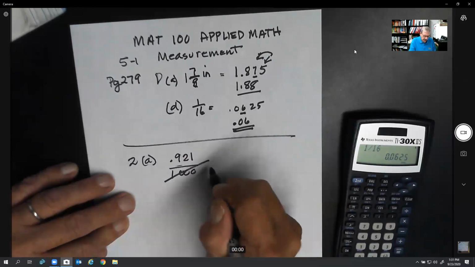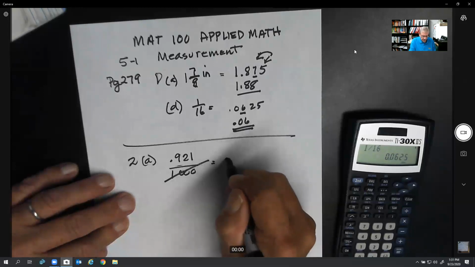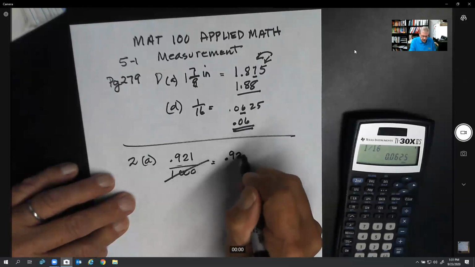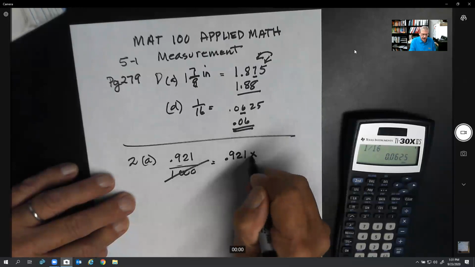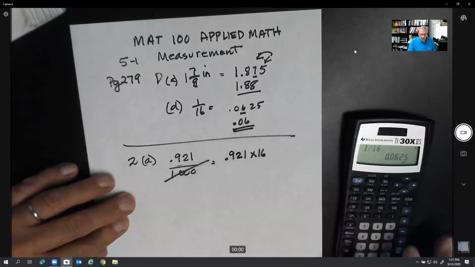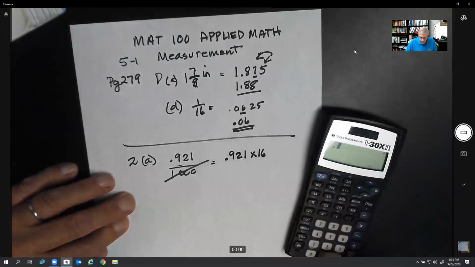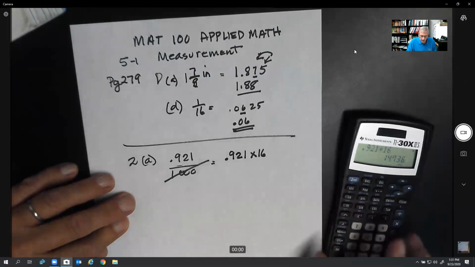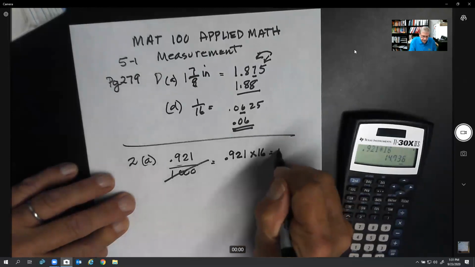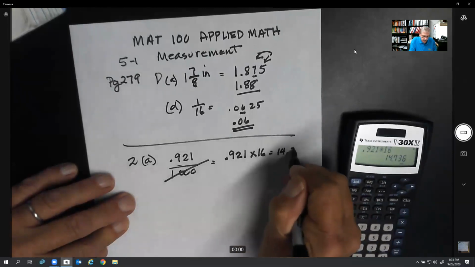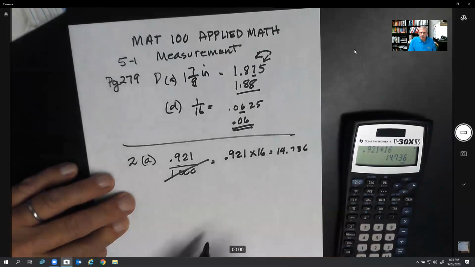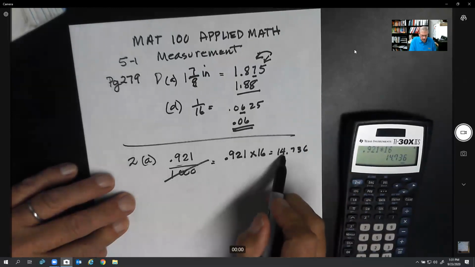So here's the trick. I've never really seen it except for this book. We're going to multiply it by 16 because we want to convert to 16ths. 0.921 times 16 is 14.736. Now what we're going to do is round that off to a whole number.